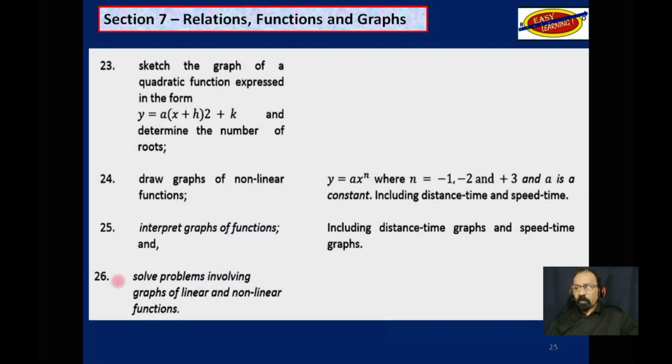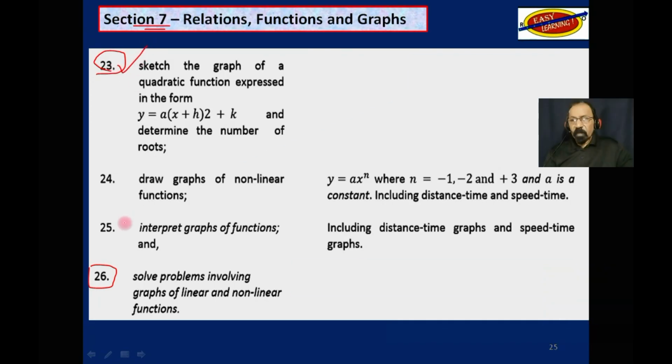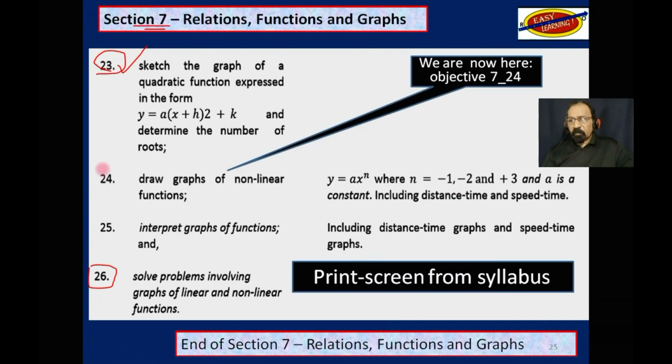So now we are at the last page of the list of objectives for section 7. And furthermore, we have completed objective 23 in the last slide. So now we are at objective 24, just so you will know where we are and how many more objectives we have to do to complete this section.